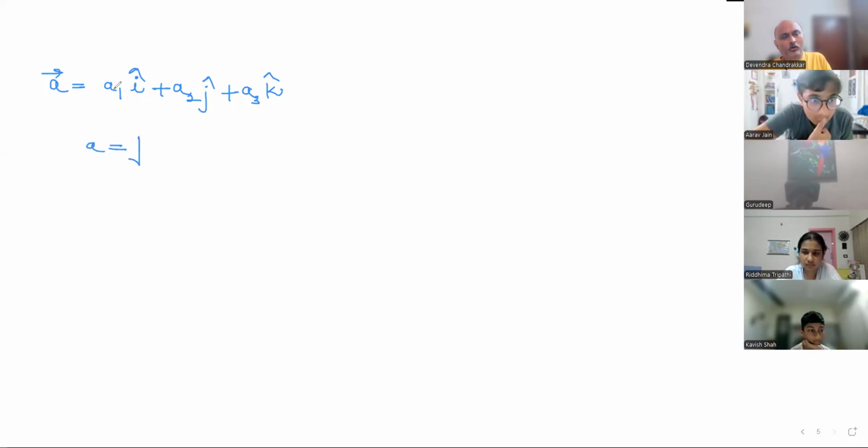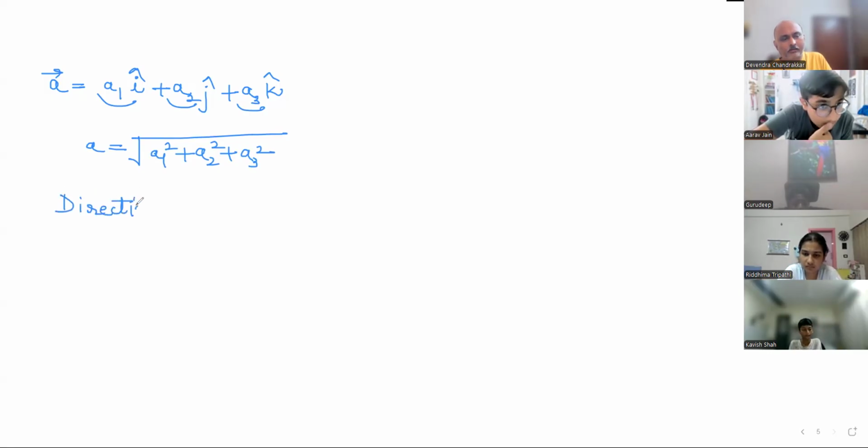The magnitude of A is the root of the sum of the squares of these coefficients of x, y, and z components. So it is the root of a1 square plus a2 square plus a3 square. This is the magnitude of A. And there are direction cosines of this vector.